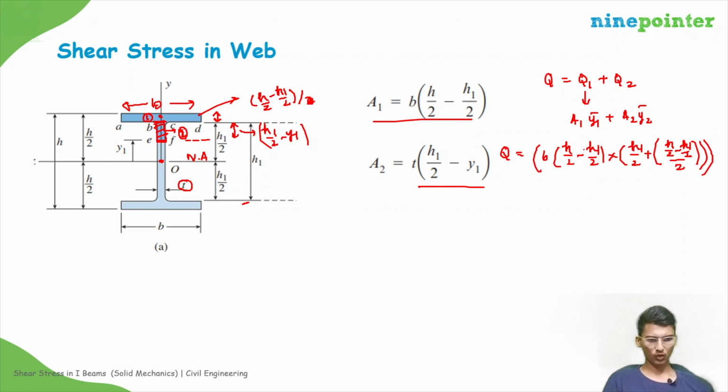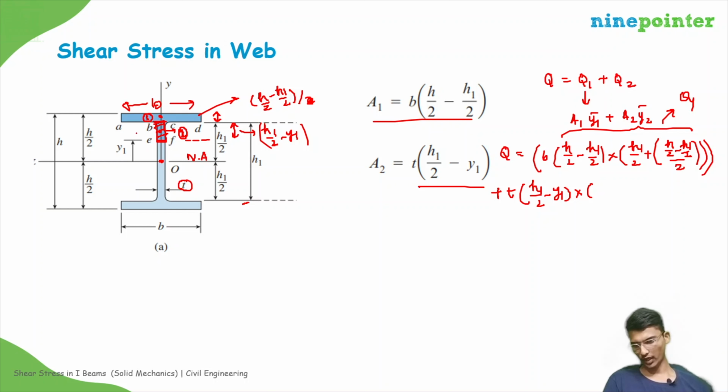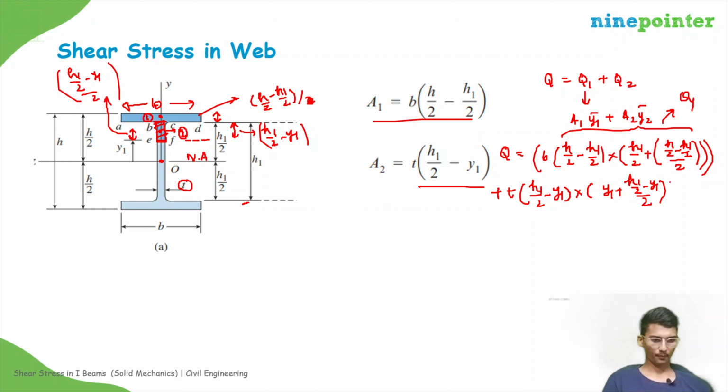So this will be Q1 and Q2 will be T into (H1 by 2 minus Y1) and into the centroid distance from the neutral axis. So that will be over here. So this is Y1 and this will be (H1 by 2 minus Y1) by 2. So that will be equal to Y1 plus (H1 by 2 minus Y1) divided by 2, right?